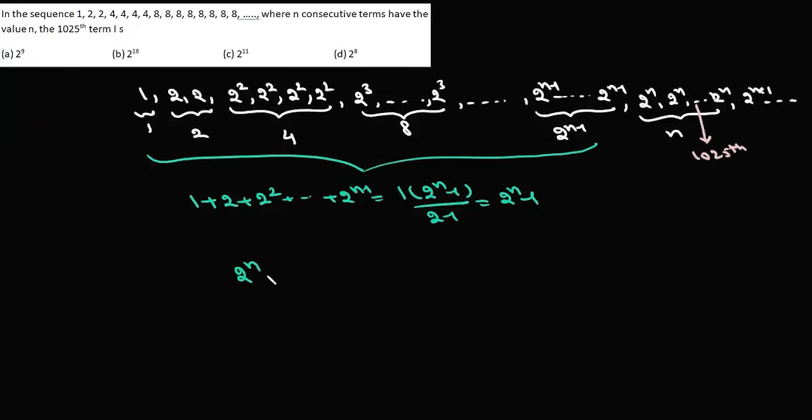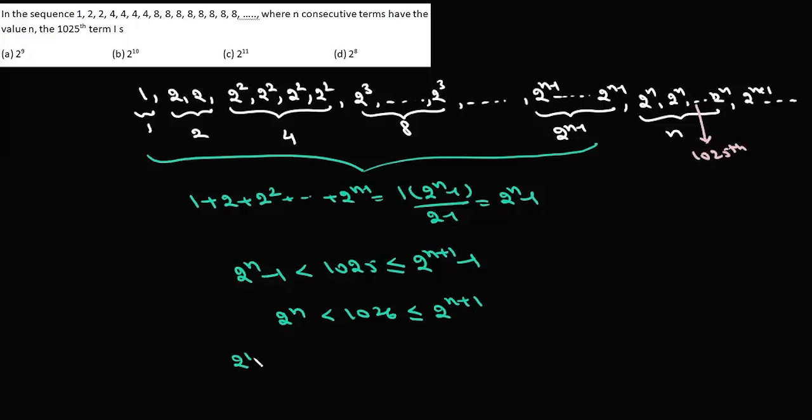Now 2 to the power n minus 1 should be less than 1025, and it should be less than or equal to 2 to the power of n plus 1 minus 1, or 2 to the power n should be less than 1026 and it should be less than 2 to the power of n plus 1.